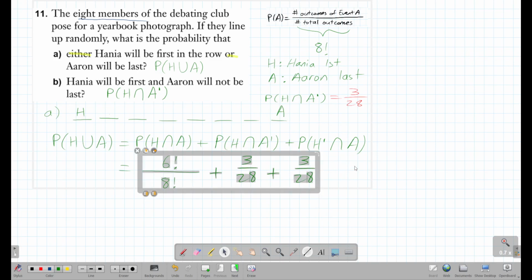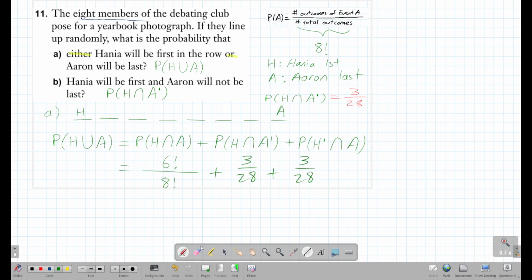So we have our 3 probabilities and we're adding them together. And the reason why we're adding them together, remember, is because these are mutually exclusive events. You can't have Hanya first and Aaron last, and at the same time have Hanya first and Aaron not last, and also have Hanya not first and Aaron last.